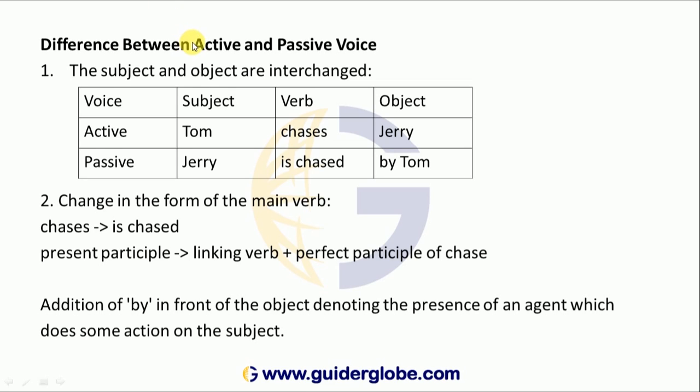Difference between active and passive voice: the subject and object are interchanged. Active voice, example: Tom chases Jerry. Remember why here s is coming. Note this point. Present tense.